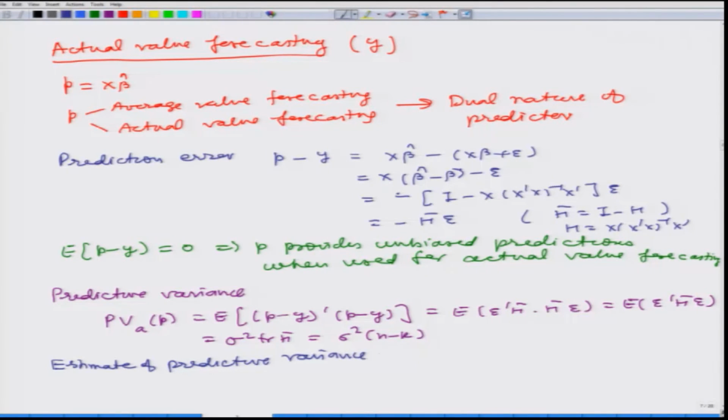This can be obtained by just replacing sigma square by sigma square hat, which is obtained from the analysis of variance as the sum of square due to residual divided by the quantity n minus k, right. So, in this case an estimate of predictive variance of P when it is used for actual value turns out to be sigma hat square times n minus k, right.